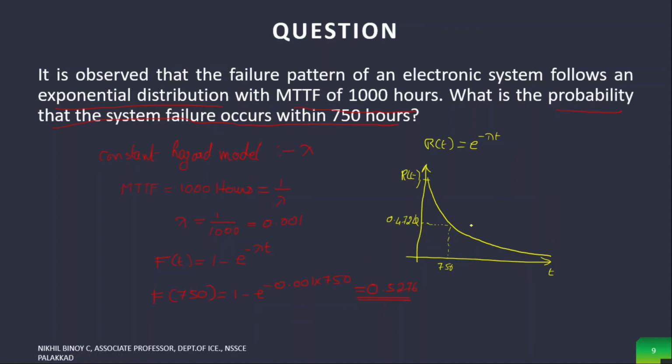Please note here the given mean time to failure is 1000 hours. Before the mean time to failure, more than 50% of components have failed. That is the drawback of the constant failure hazard model.